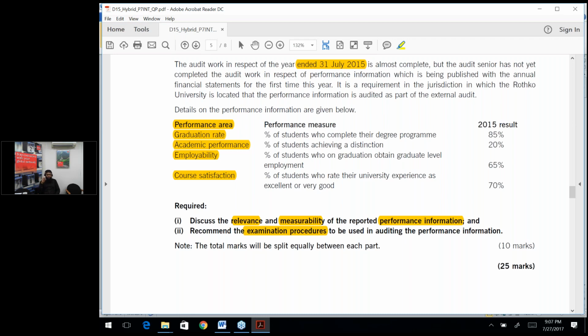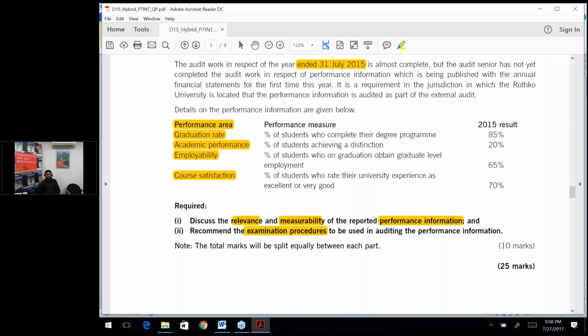And now the question is, we discussed the relevance. So this is all relevant for any specific university, number 1. Number 2 is measurability. When we talk about measurability, are these things measurable, quantifiable? How easily can we measure and quantify them?